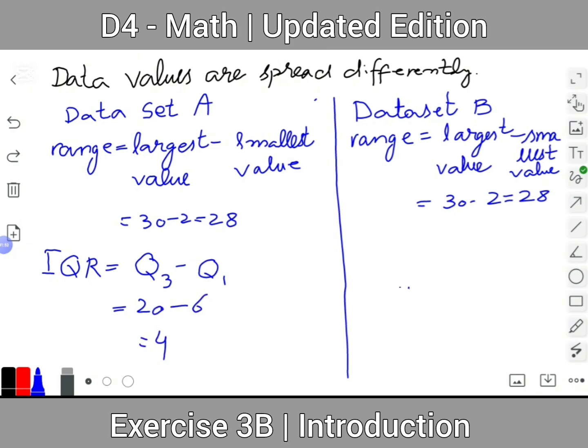Now for dataset B, values are clustered around 7 to 11. So the interquartile range is equal to Q3 minus Q1. For dataset B, the third quartile is 11 and the first quartile is 7. So 11 minus 7 is equal to 4.